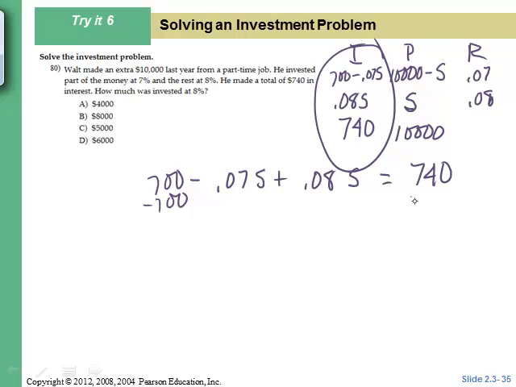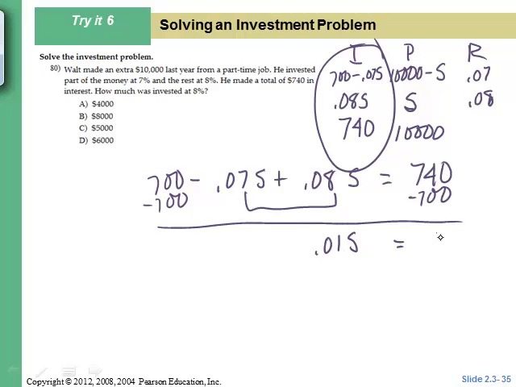Subtract 700 from both sides. Add these two together. You get 0.01 S equals $40. Divide both sides by 0.01. And we get 4,000 is the second amount invested.